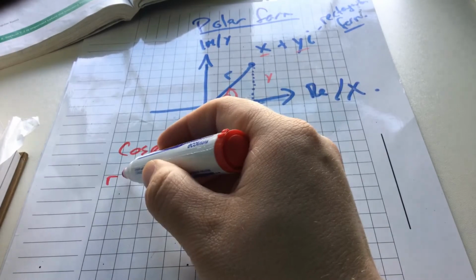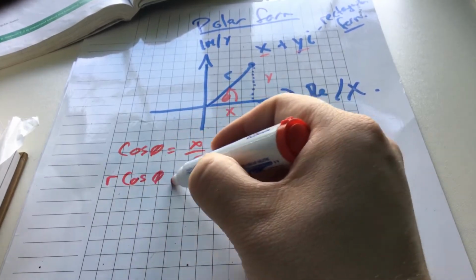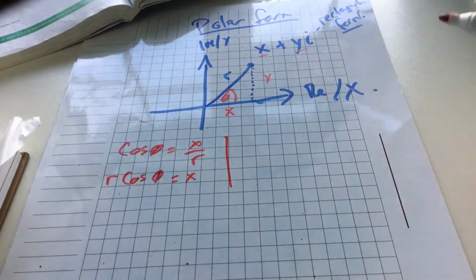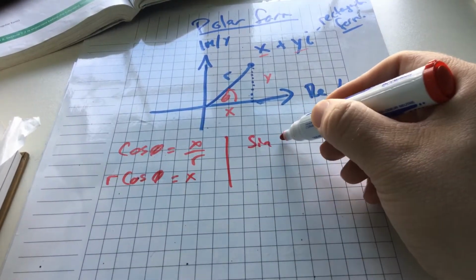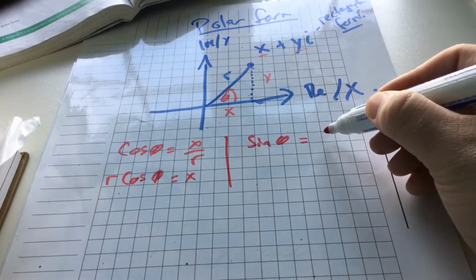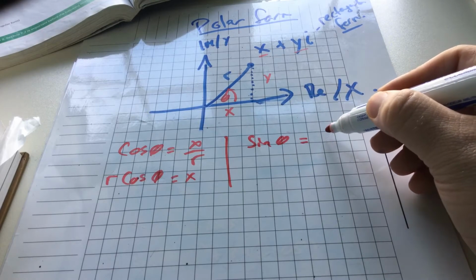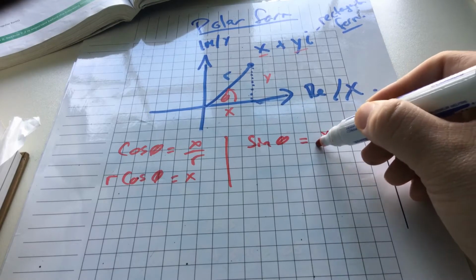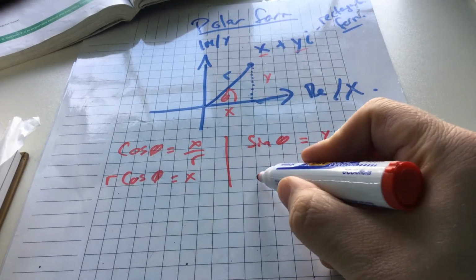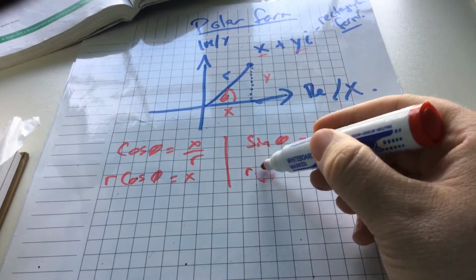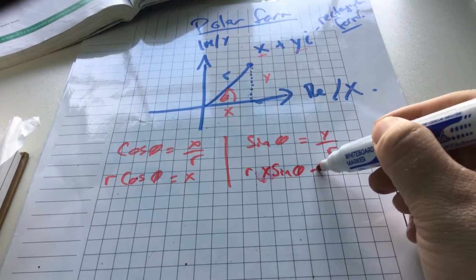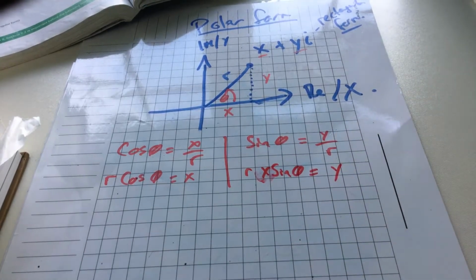Multiply across by r: r cosine theta equals x. Same logic for y. I'm going to use sine for y because it's the opposite. Sine of the argument equals y over r. So multiply across by r: r sine theta equals y.